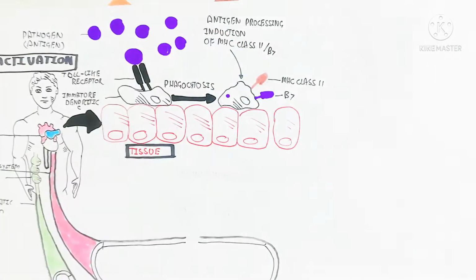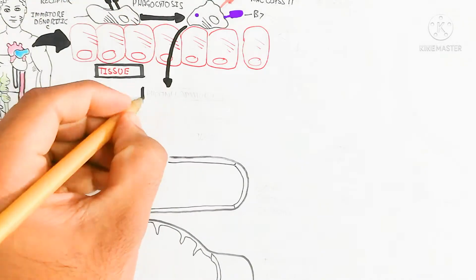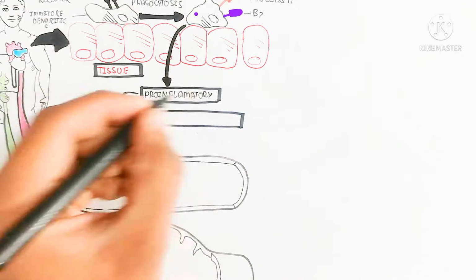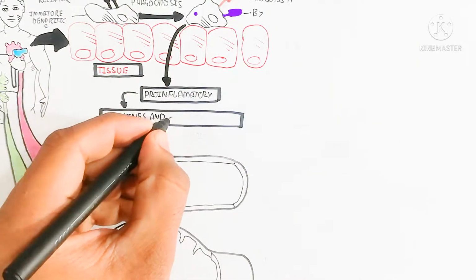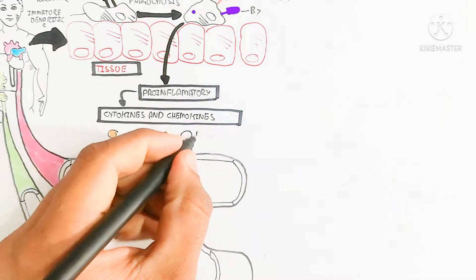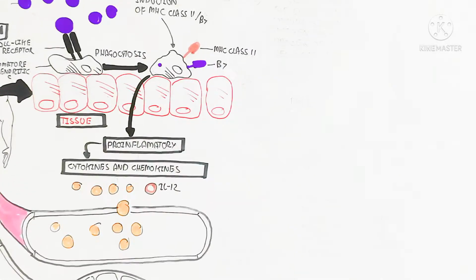In this way, the pro-inflammatory mediators are produced. That means they are used for the recruitment of macrophage, monocyte, neutrophil, basophil, and mast cell.